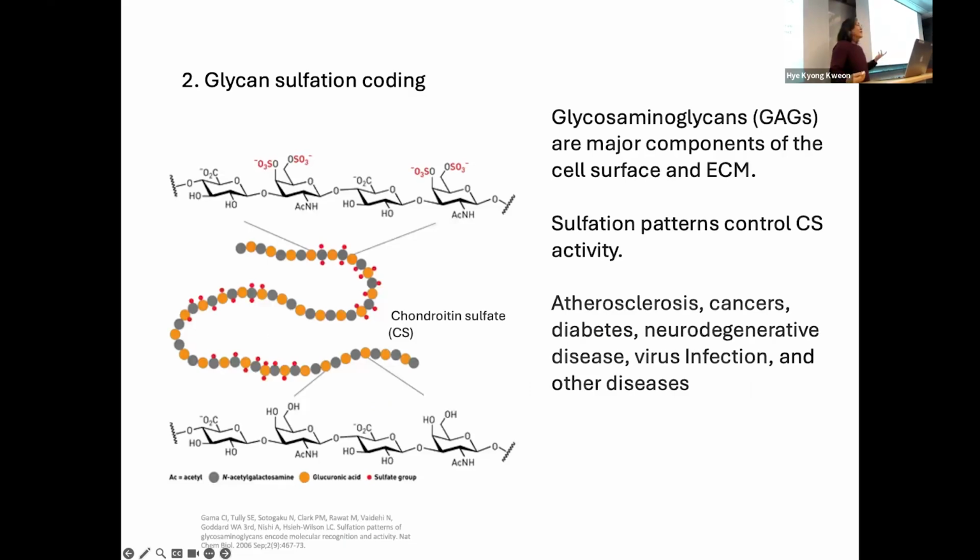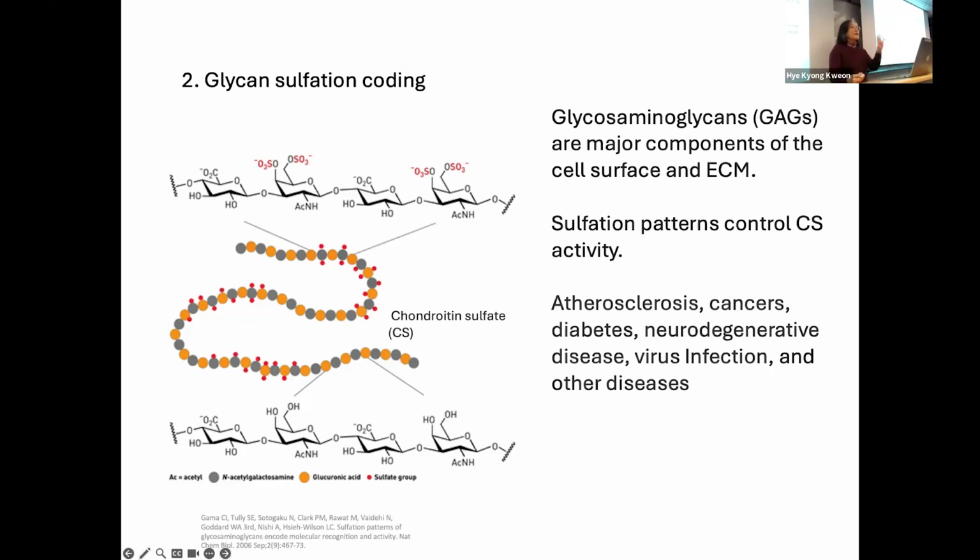Okay, another very interesting example of sulfation on a macromolecule is GAG, the glycosaminoglycans. GAGs and other polyglycans are actually among the most heavily sulfated molecules in our cells.